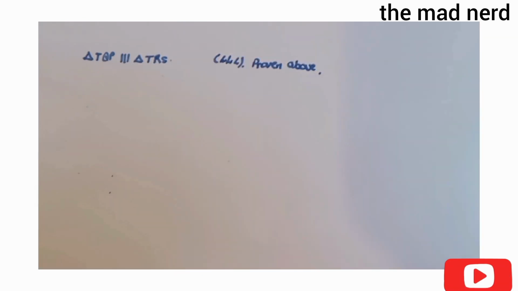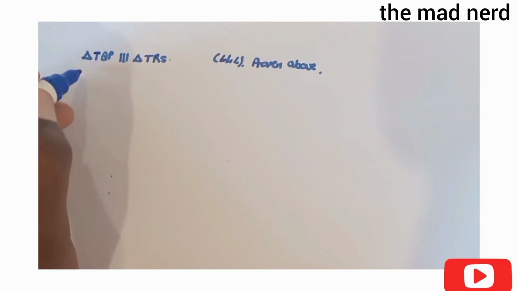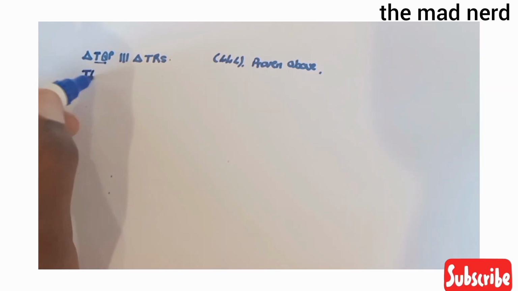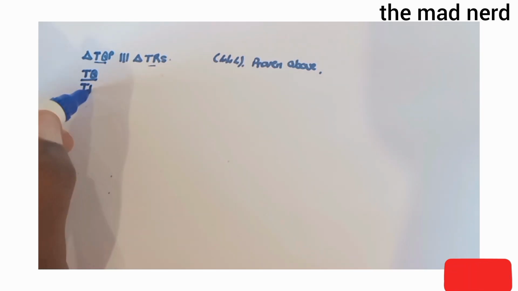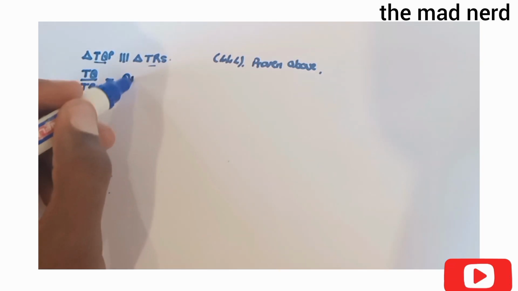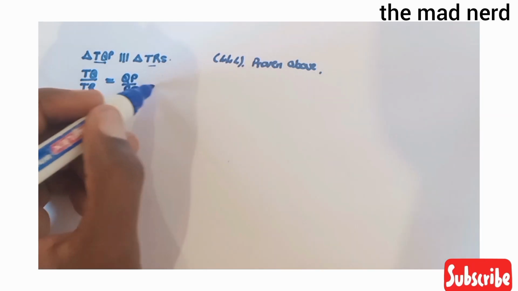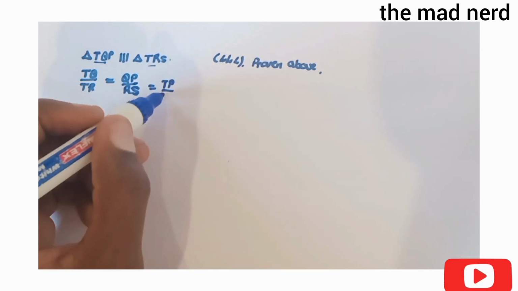And then what you can do now is try to find the corollaries, and the corollaries are as follows. We can take these two letters over here and say TQ over TR, and then we say QP over RS, and then TP over what?